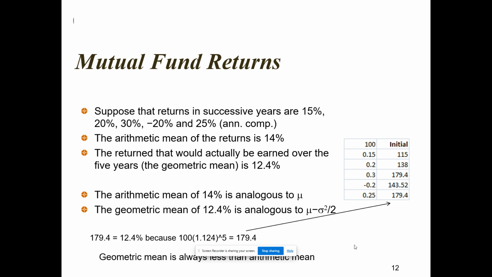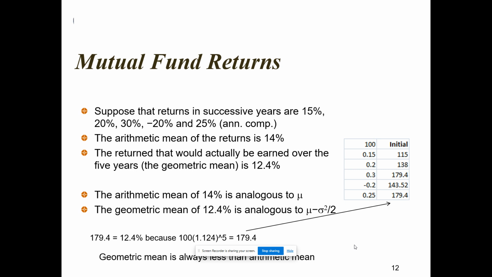Simply add that up and divide it by 5. And you could say that the fund is giving you a return of 14%. But is that correct? Not really, because you've got certain blips in the middle. So the return should actually be calculated using the geometric mean, which works out to 12.4%.